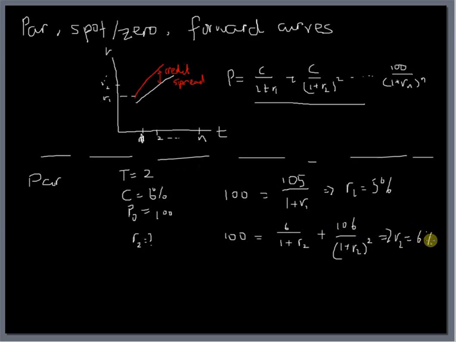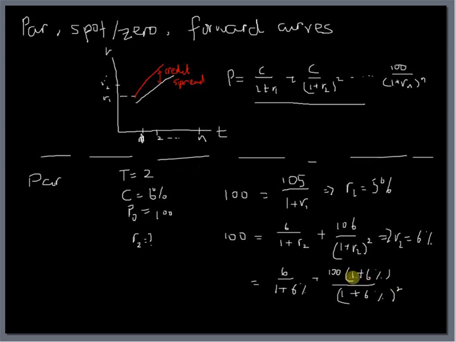Okay, so let me prove to you that R2 equal to 6 is the correct answer. You can write this thing as 6 over 1 plus 6% plus, we write 106 as 100 into 1 plus 6% over 1 plus 6% squared.